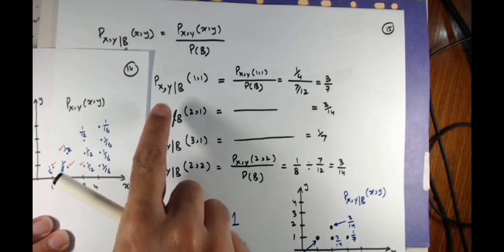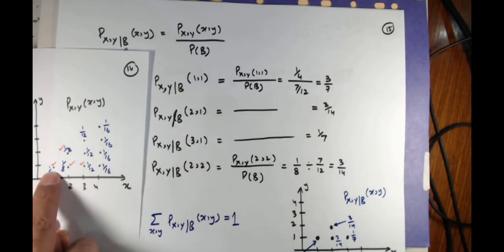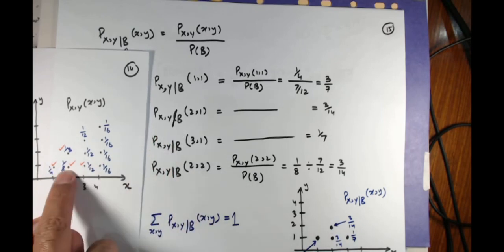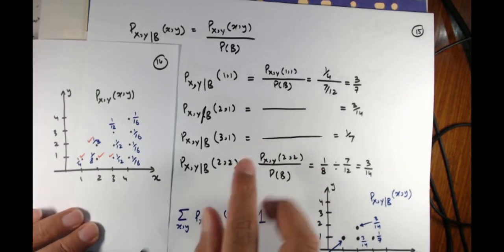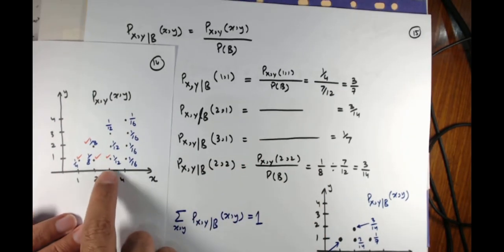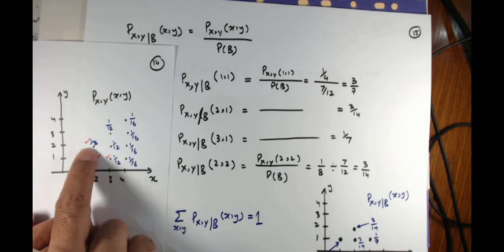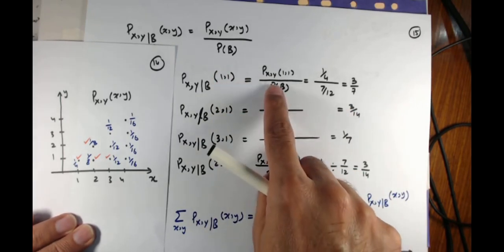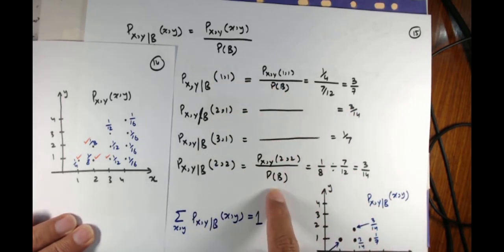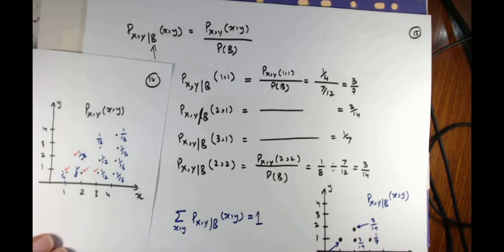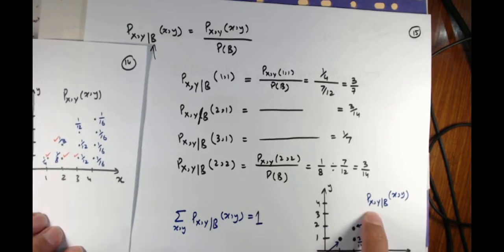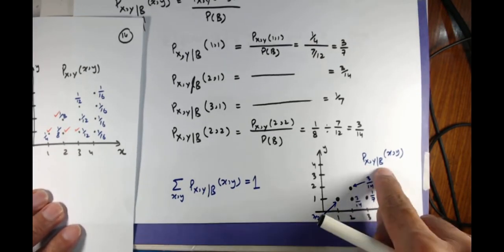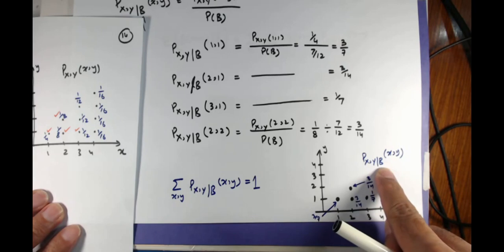Which means p sub x comma y given b of 1 comma 1, then of 2 comma 1, then of 3 comma 1, and then 2 comma 2. So all these 4 points, we plugged in the values into the formula, and we found the new conditional distribution of x and y given this event b.